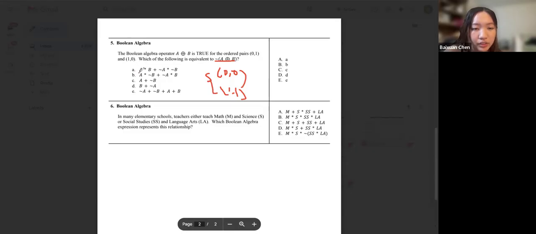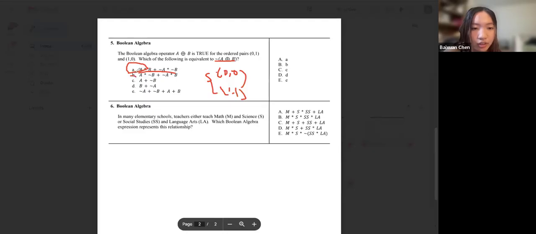So the first expression will evaluate to true when it's 0, 0 and when it's 1, 1. So that's a possibility. The other expressions will always evaluate to true if A is 1 and B is 0, or if A is 0 and B is 1.